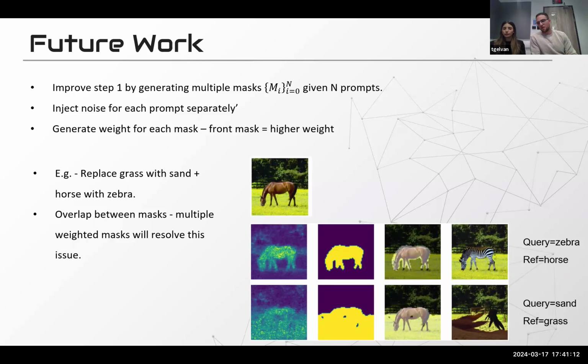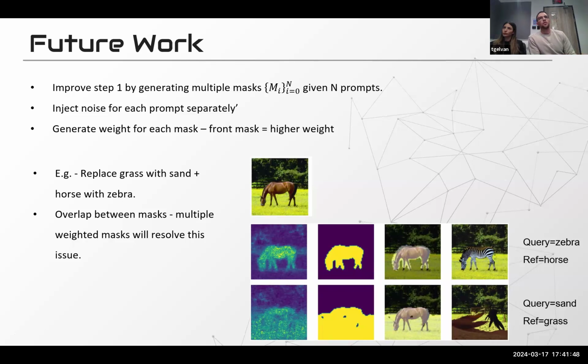And we saw that if we choose objects that are in the background, for example, you can see that we try to generate the query for sand, replacing the grass with sand. It did not perform very well. And then we saw that the noise, if we look on the left, is capturing also the place for the horse. So actually, it's something that we wanted to solve.